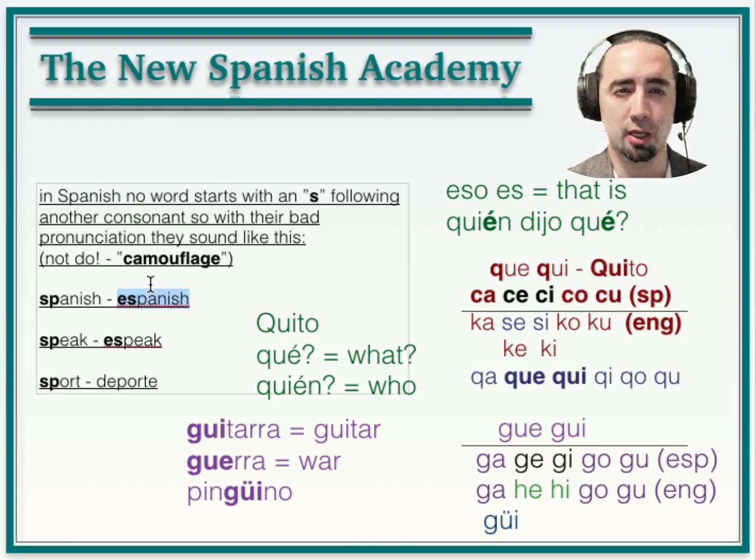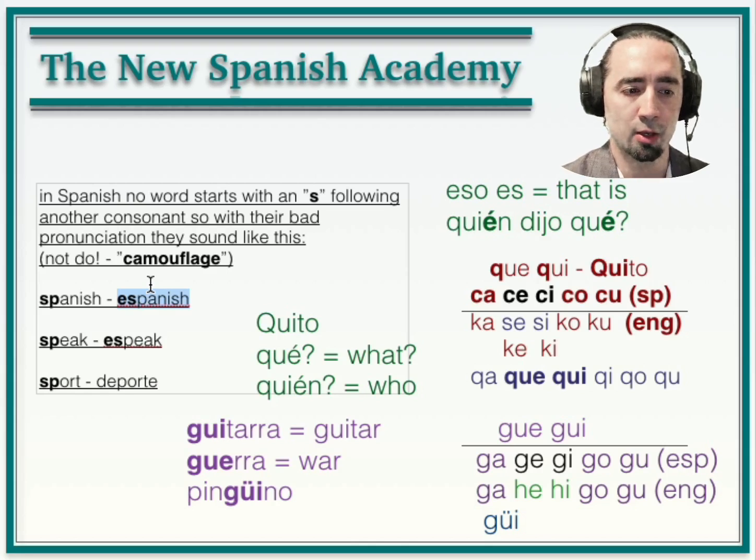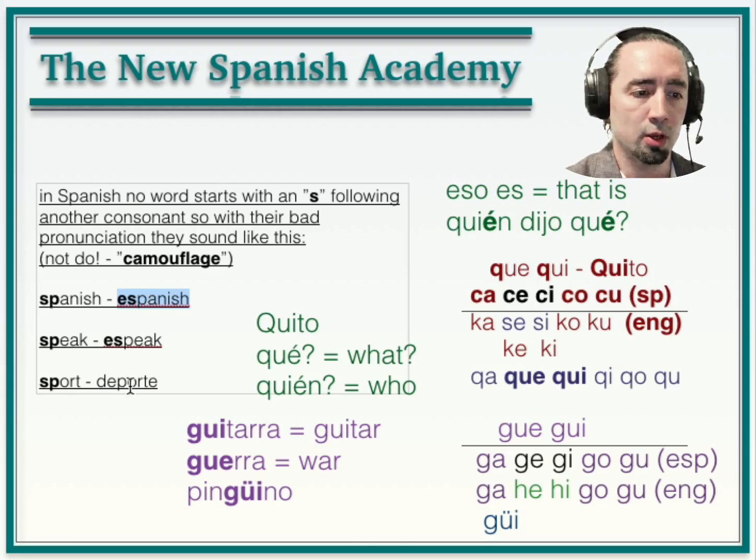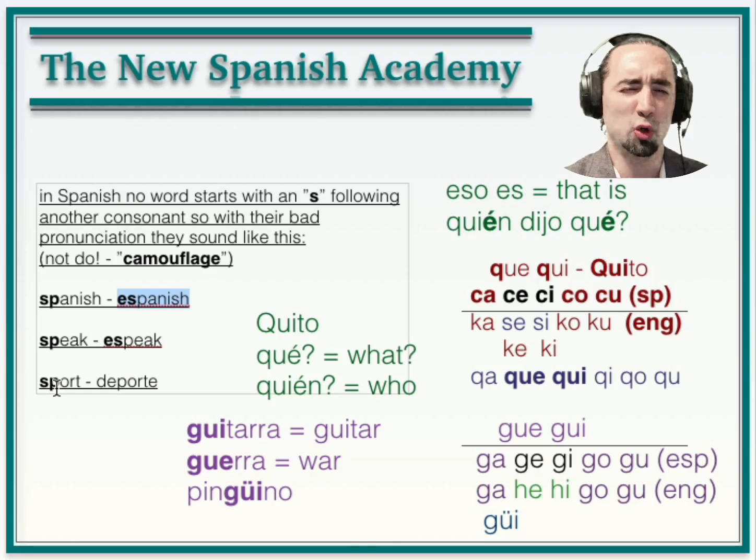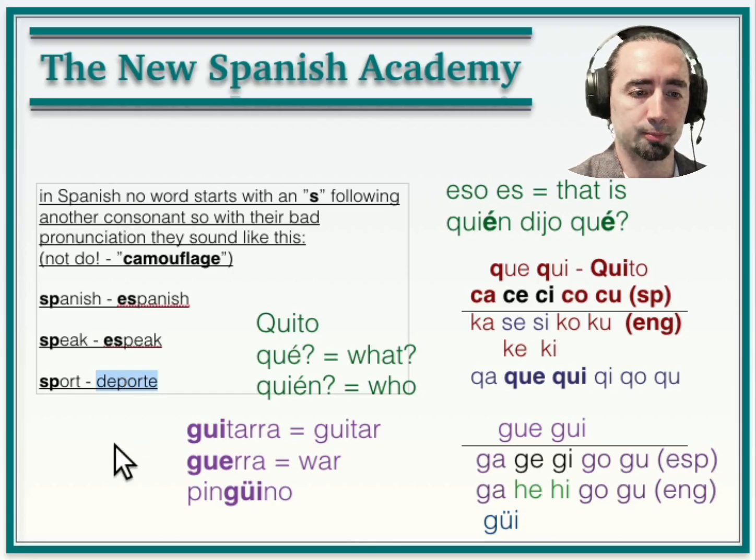A Spanish speaker will say "esmall," because there are no words that start with an S followed by an M. So usually there is an E in front, like Spanish, small, or sport. In Spanish we don't say sport, we say deporte.